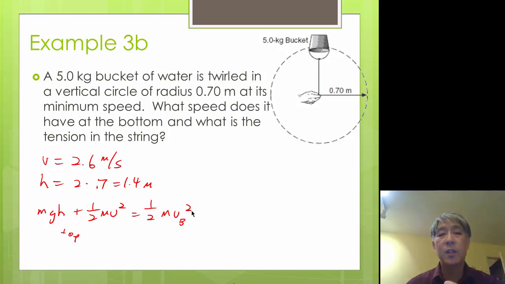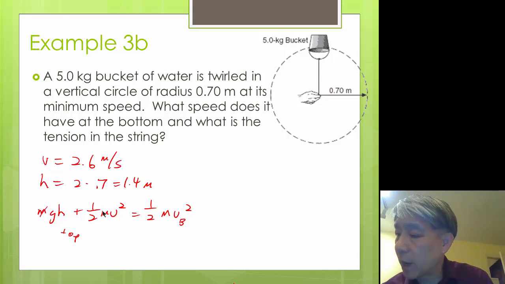So I can figure out the speed at the bottom via conservation of energy. I can't do forces unless I really start to apply calculus, and I can't do kinematics necessarily because my acceleration is not constant. It's changing directions all the time, and it's also changing in magnitude. But I can do conservation of energy. In this case, my m's are going to cancel.